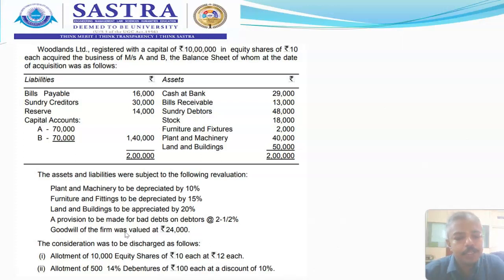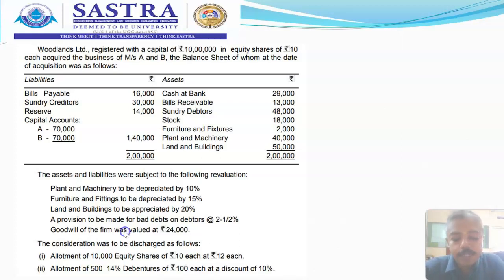So this case gives you the fourth option, which means the purchase consideration has to be discharged through allotment of 10,000 equity shares, allotment of 500 debentures, and the balance in cash. So this is the fourth form of purchase consideration mode of payment.